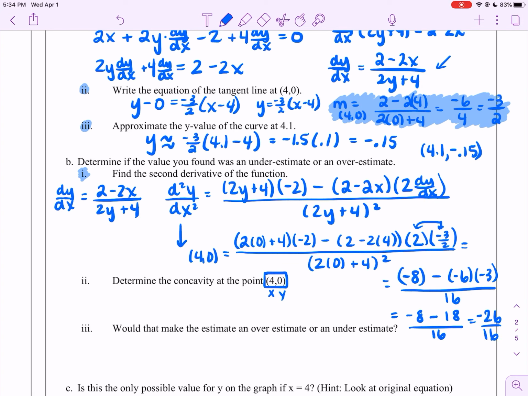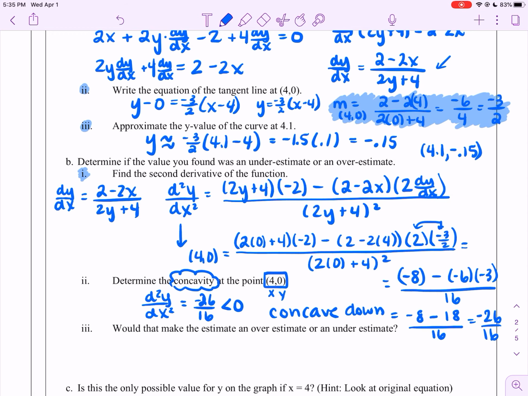Even though we have the value here, what we're more interested in is the concavity. What is the sign of the second derivative? Here, our second derivative is a negative number. It's negative 26 over 16. Since it's negative, that means that our graph is concave down.